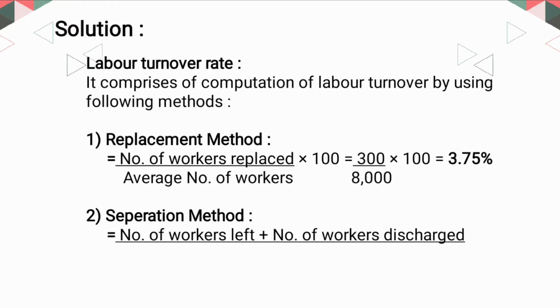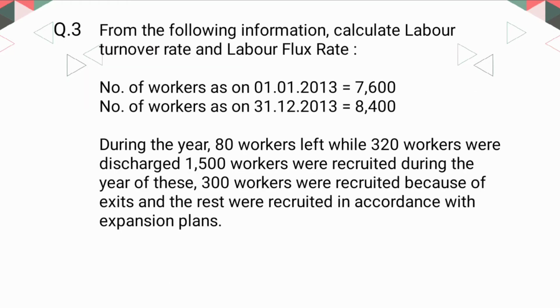Next, we will calculate labor turnover by separation method, which is equal to number of workers left plus number of workers discharged divided by average number of workers into 100, which will be equal to number of workers left, which is 80 workers left.